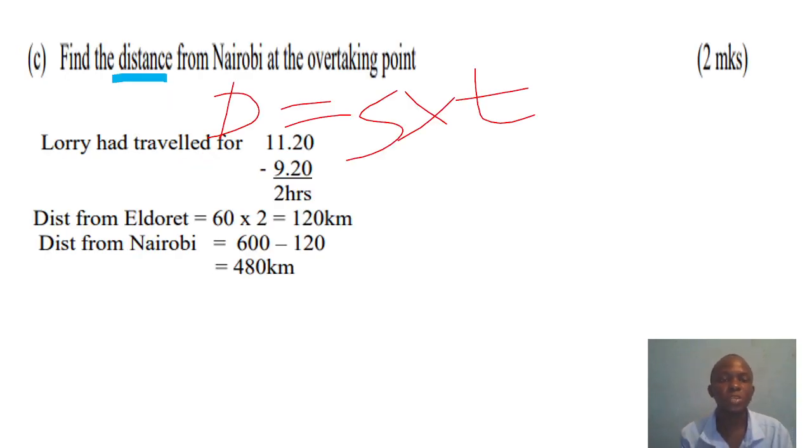That is 60, the speed of the lorry, times 2 hours, the time from Eldoret to the meeting point. And now the distance from Nairobi to the meeting point, you are going to say 600 minus 120, because the total distance we have seen is 600. So 600 minus 120 is 480 kilometers.